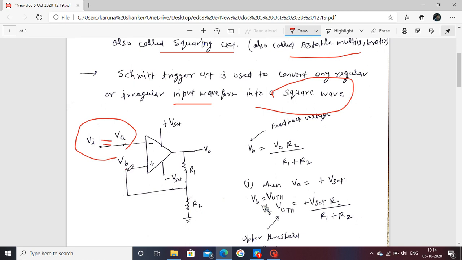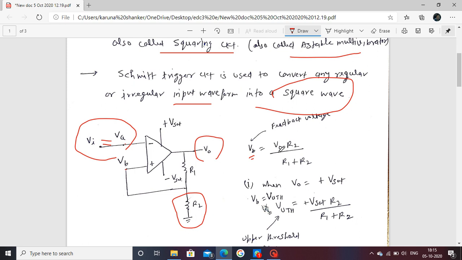How is this voltage calculated? VB is the voltage drop across R2. We calculate the voltage drop by using the voltage divider rule. We now find the VB voltage. VB is equal to R2 multiplied by the output voltage, divided by R1 plus R2.